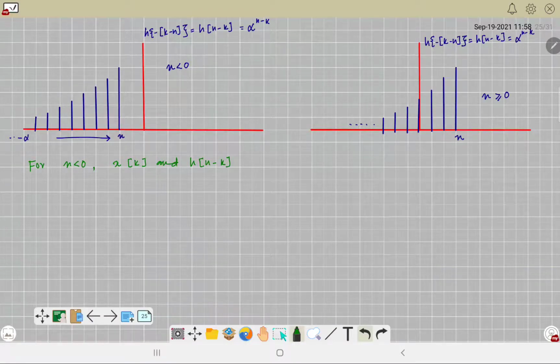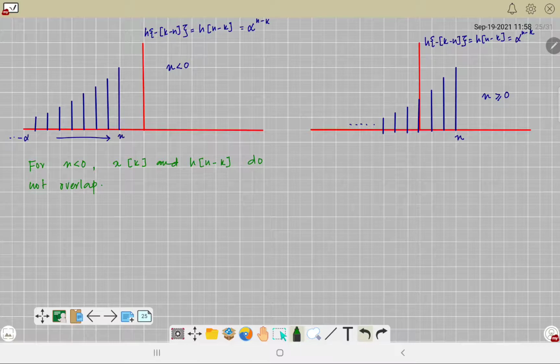But here you don't have any values for the positive time axis. So for n less than 0, x of k and h of n minus k do not overlap. Which means if you take the product and then sum it up, every product term will be 0. So the summation will also be 0.